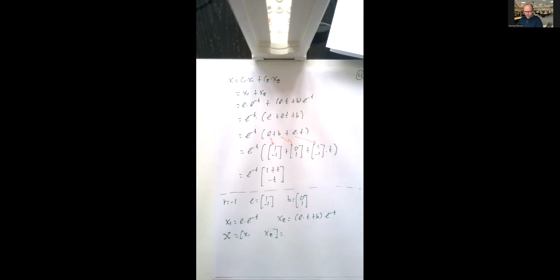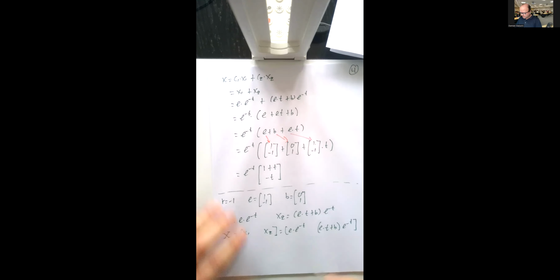And of course, from here e times e to the minus t, and from here I will have e times t plus b e to the minus t. Let me once again take out the e to the minus t because it is going to help me later. So the fundamental solution matrix is going to be e to the minus t times e, et plus b.